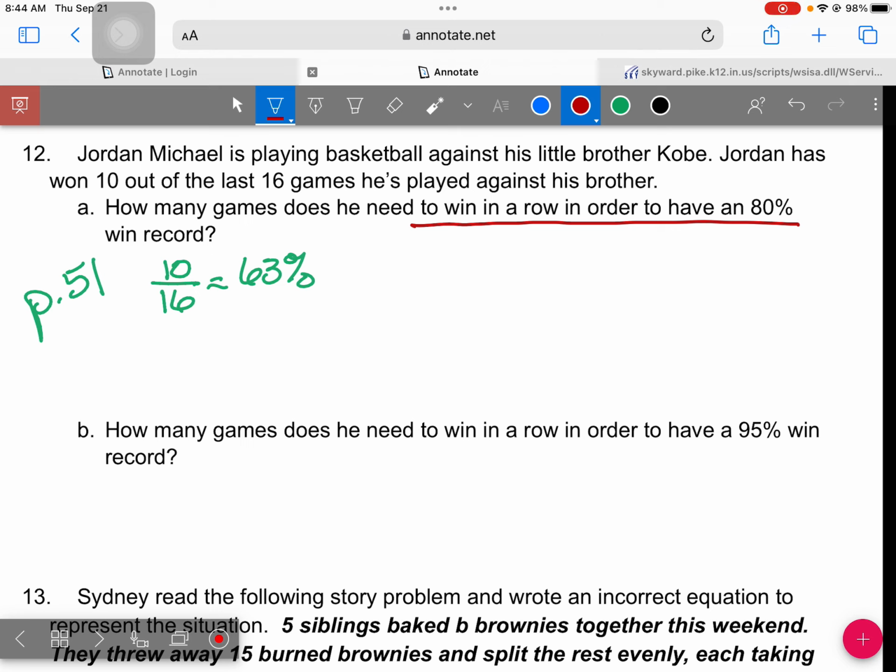What we need to remember is that this 10 is the number of winning games, and the 16 is the total games. He is going to win in a row all the next number of games that he plays to get to an 80%, and then we would stop there. So, do we know how many games that is? No.